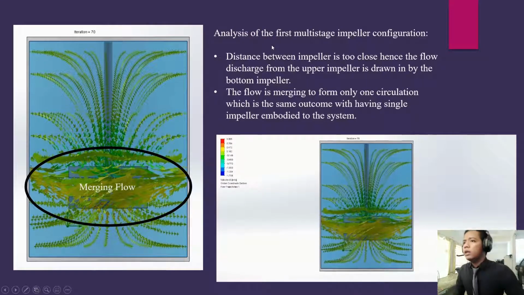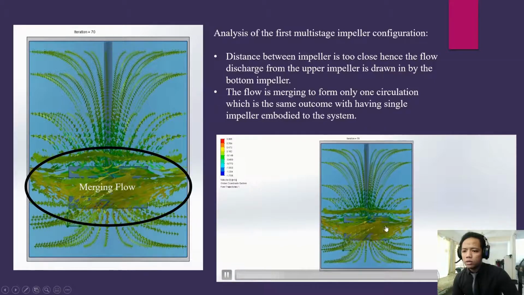First, this is the analysis of the first multi-stage impeller configuration. As the distance between impellers is too close, the flow discharged from the upper impeller is drawn in by the bottom impeller. As we can see here, it can also be the complete opposite: the flow discharged by the bottom impeller can be drawn in by the upper impeller, in which case a merging flow has occurred.